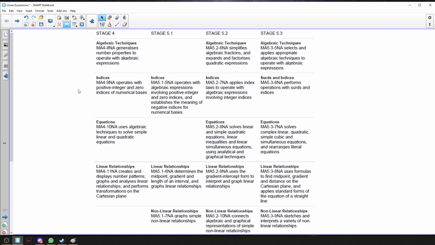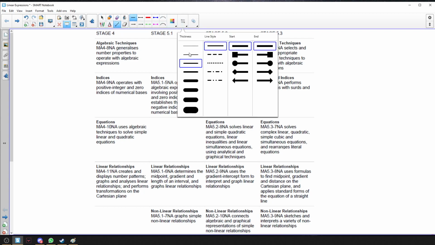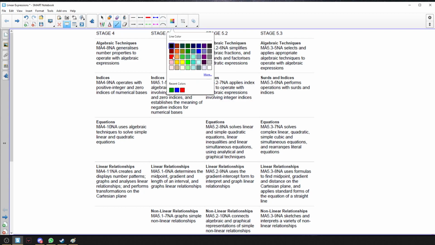I'm quite confident that all of you can do this despite it being a stage 4 outcome, and it is good preparation because you are very close to the end of stage 3. Many of you might have already done algebra or algebraic expressions.